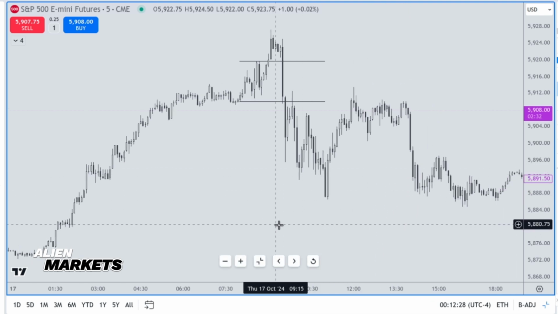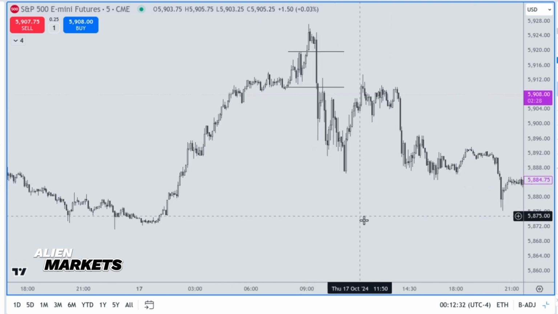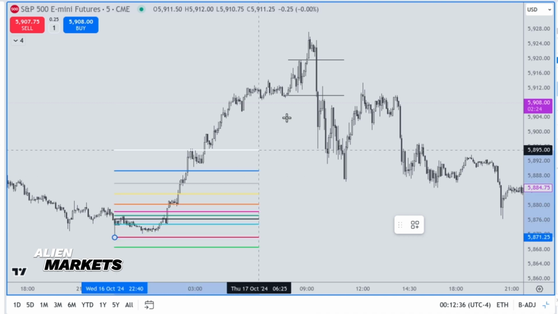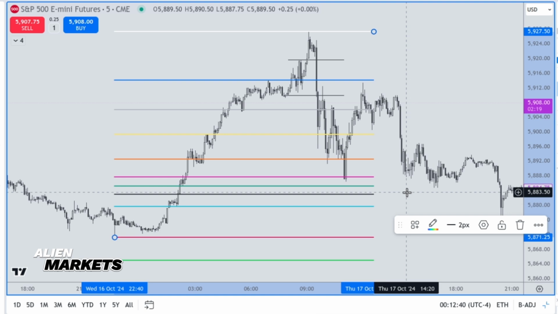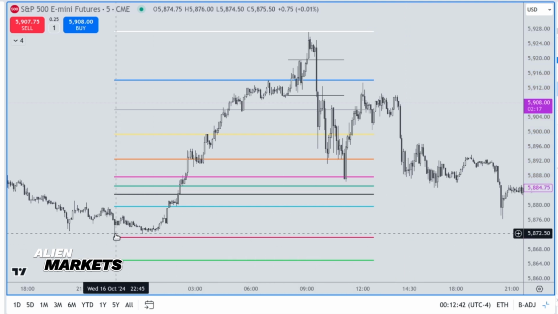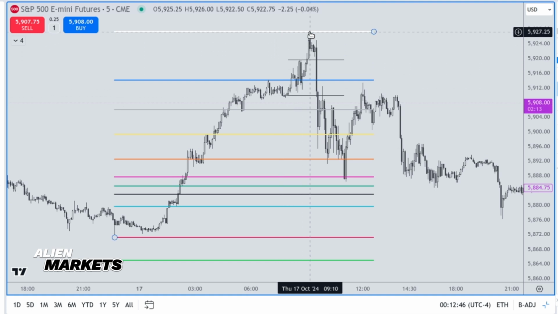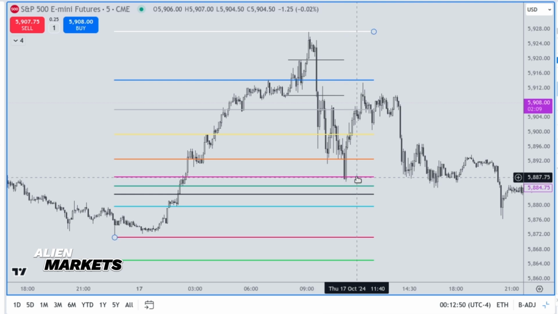So you can say, well, this low, and as you can see, from this low to this high, you have a retracement into 70.5%, right?